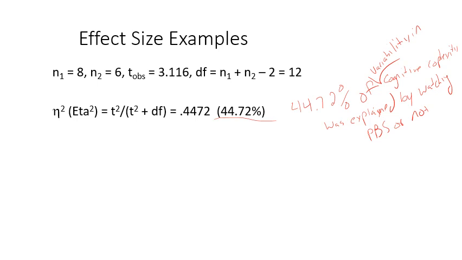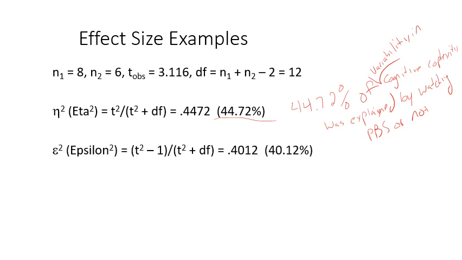I'm not going to do that for each of these, but that's just saying what this percent is. Eta squared is going to have the greatest amount of variability, so it is in a sense the least restrictive. It is the one that was initially used.